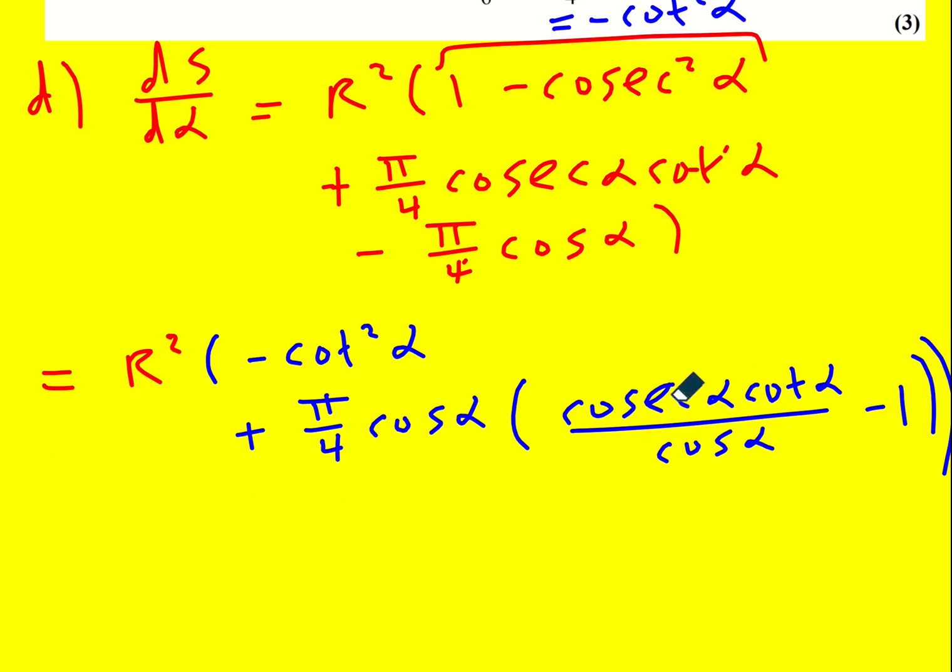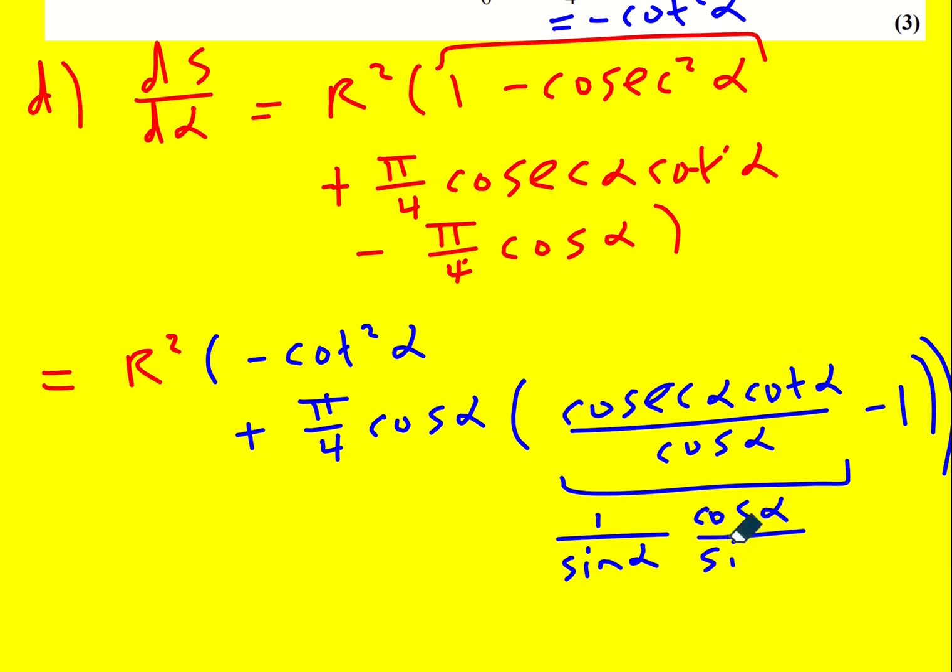Now this thing here, remember, cosec, we're dividing by cos, so let's write this bit out in full. It's going to be 1 over sine alpha times cot, which is cos alpha divided by sine alpha, and then I'm dividing by cos alpha, so they are going to cancel.